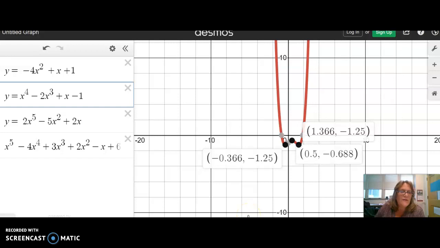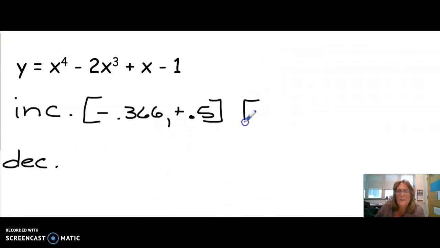Then it's going to increase again at 1.366 to positive infinity.